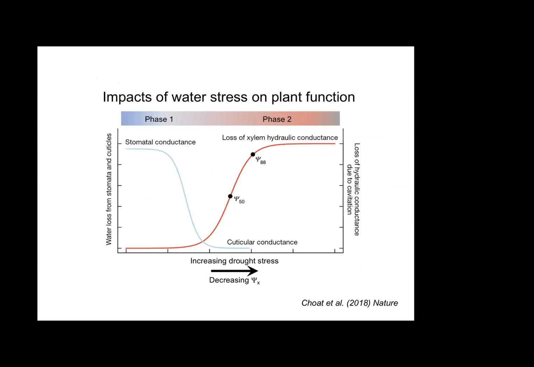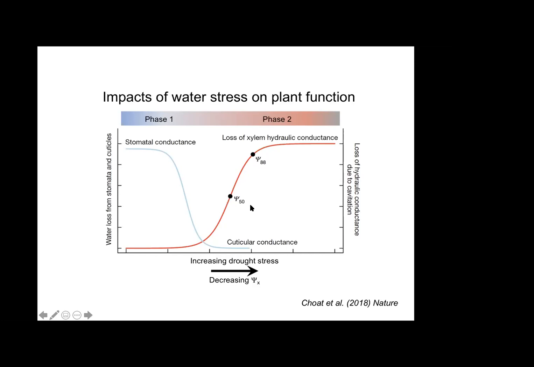And so the way that we think about this is to divide drought stress into two phases. The first phase is where you have stomatal closure, and the second phase is where you have that loss of hydraulic conductance. The loss of hydraulic conductance we typically characterize by the water potentials at different points on this loss of conductance curve.